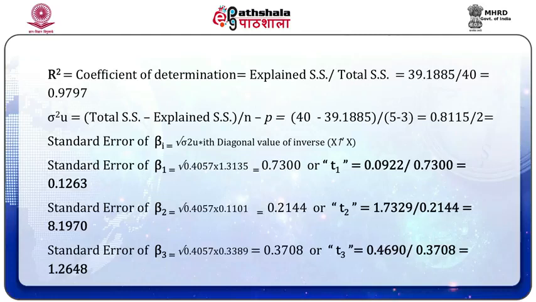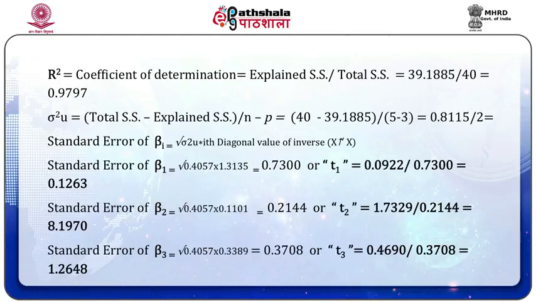Sigma square mu is equal to total SS minus explained SS upon n minus p, which is equal to 40 minus 39.1885 upon 5 minus 3, which is equal to 0.8115 upon 2, which is equal to 0.4057.